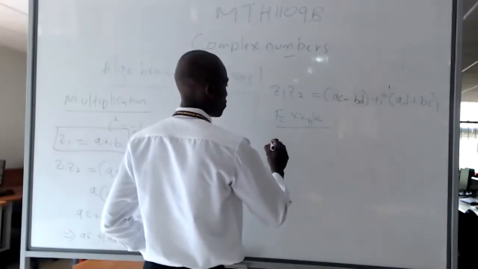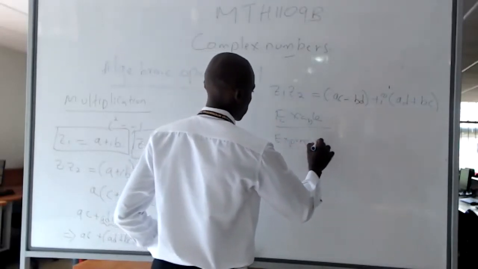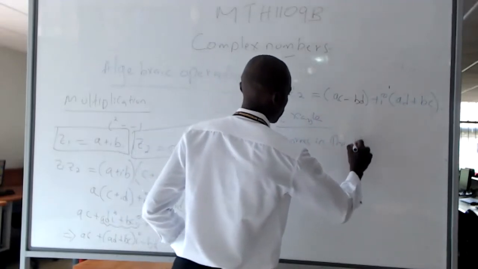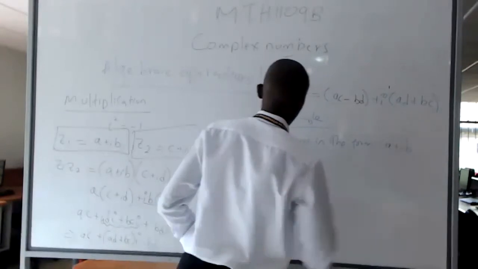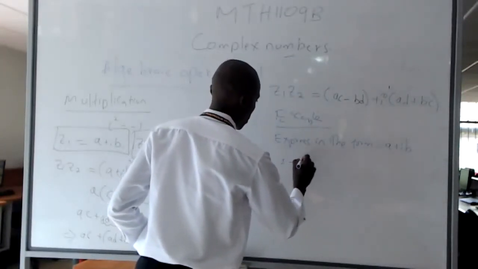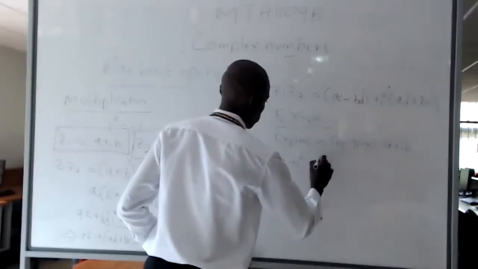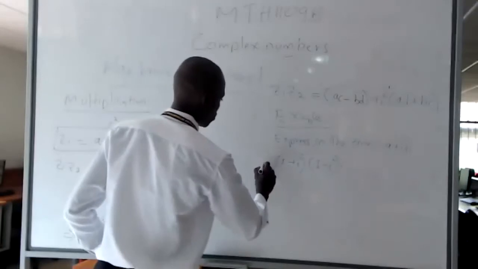So we are usually asked to express it in the form A plus iB. Let's look at a simple example: (1 plus i) times (1 minus i). Maybe we need to do 2 more examples.